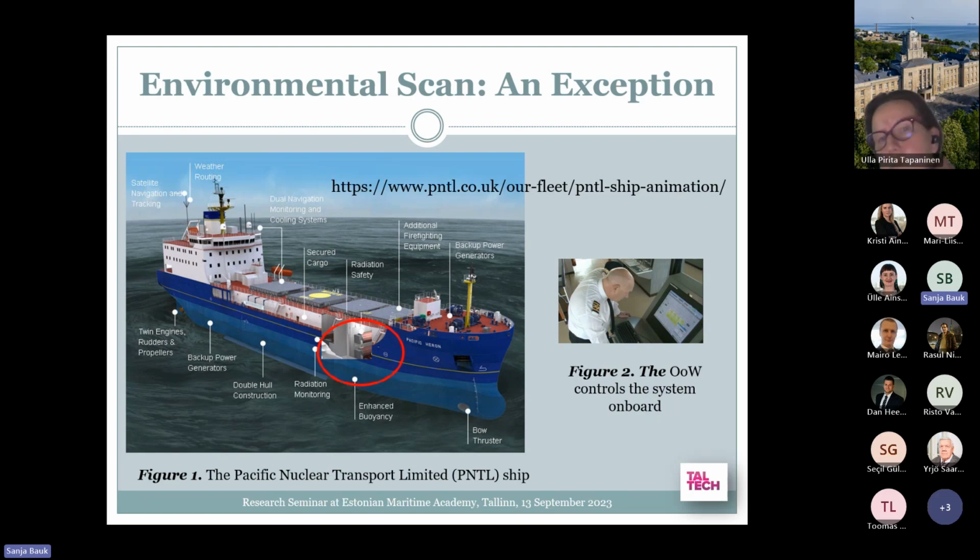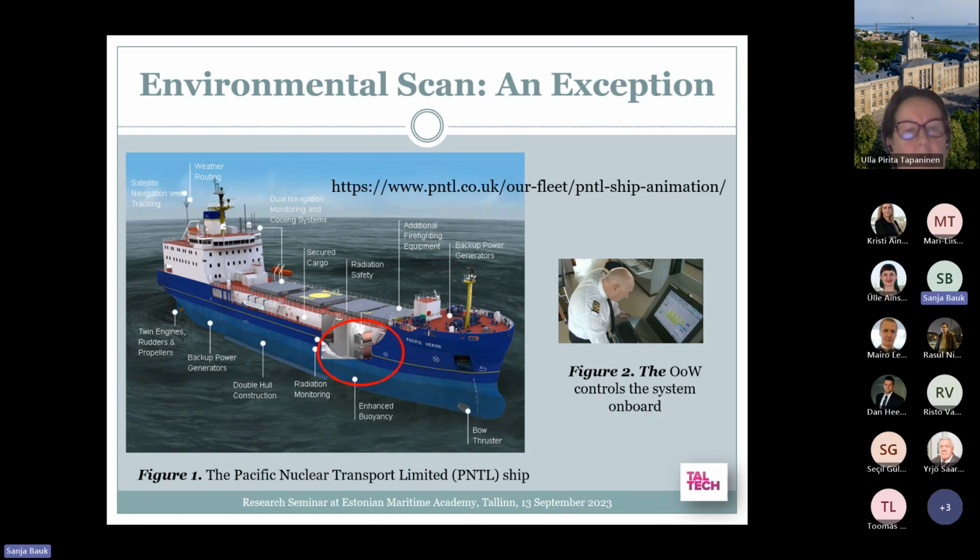As far as I found in the literature which is available, officer on watch is communicating with the control center and sharing information about the status of the containers, because the control center ashore can follow the location of the ship and consequently the location of the containers.